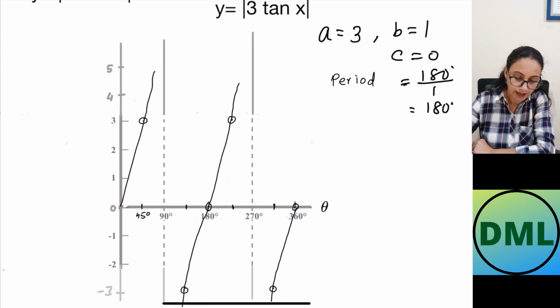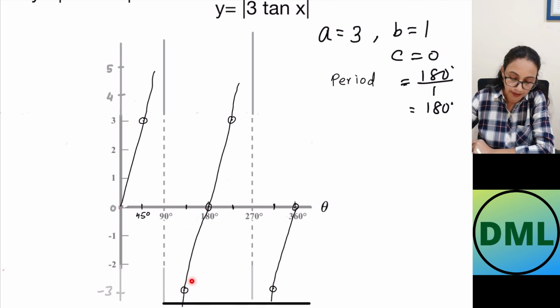Now I need to make the modulus of this one. I need to make the mod of this one, which means everything below the x-axis I need to make positive. From the axis this point is 3 units down. Similarly, this point is also 3 units down. So I will plot it 3 units up.